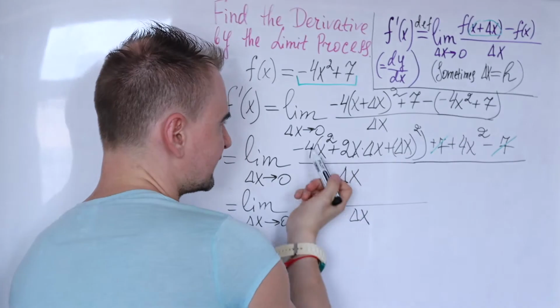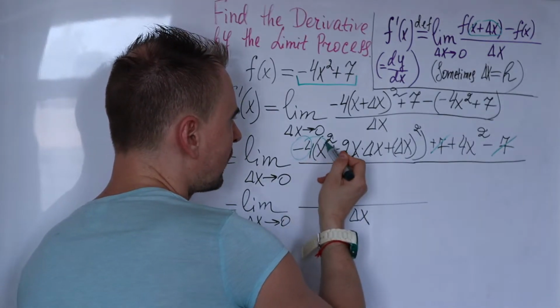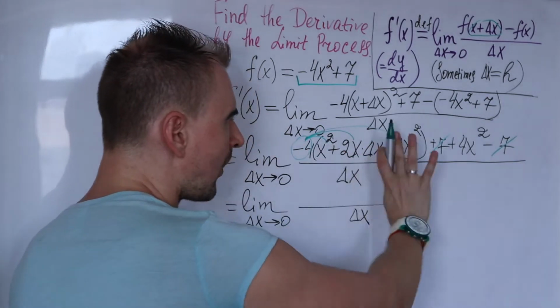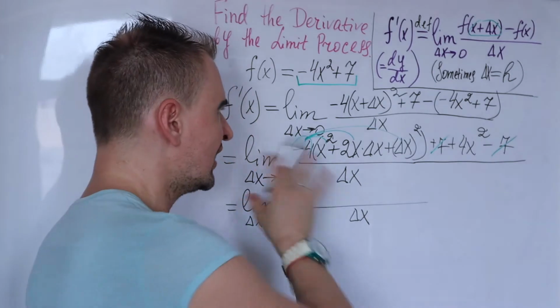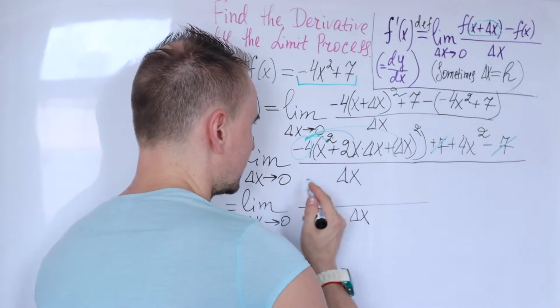Open up the parentheses. Since you have this negative 4 in front, it needs to be distributed to all 3 terms inside. So apply this negative 4 by multiplying it to all terms.